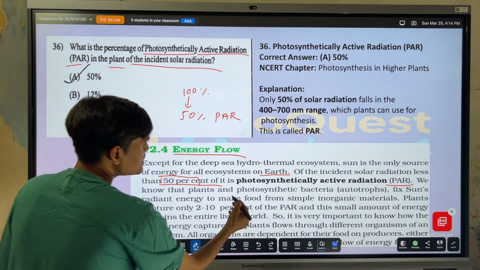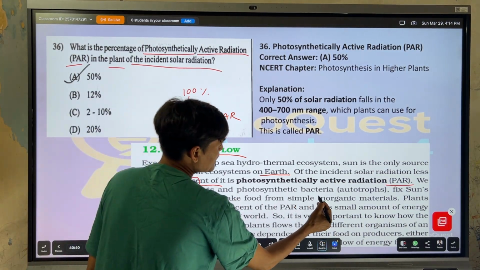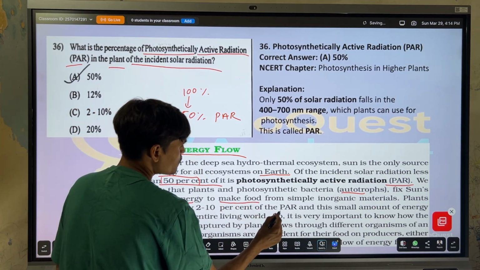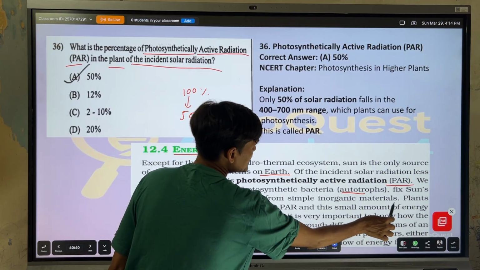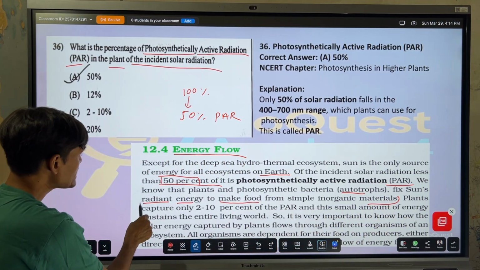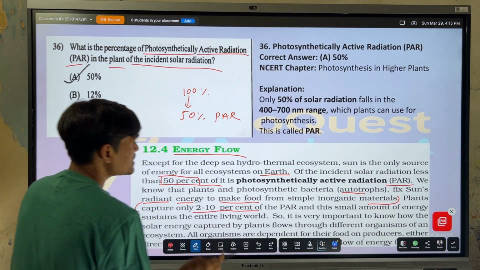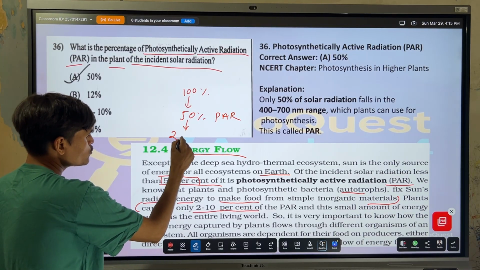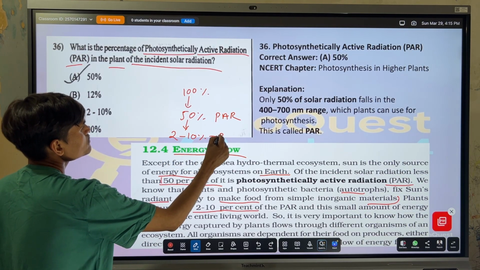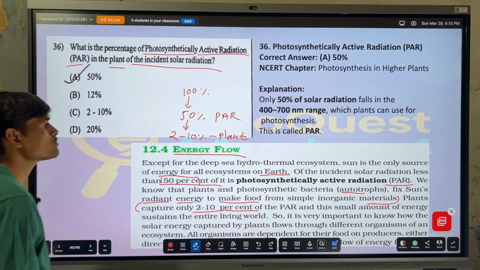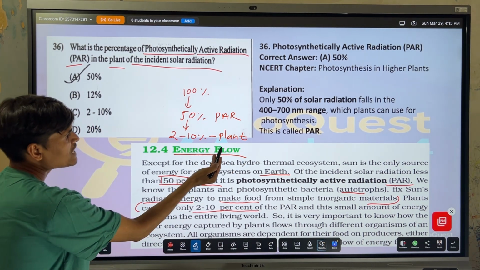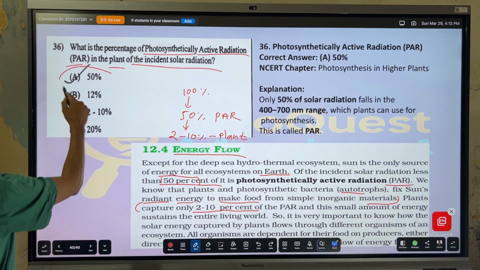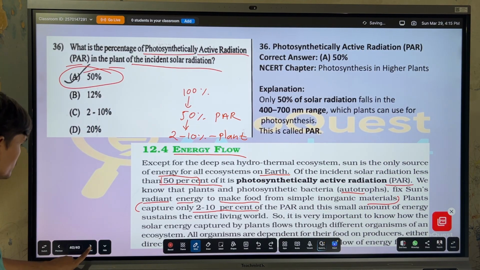And we know that plants and photosynthetic bacteria, means autotrophs, fix the sun's radiant energy to make food from simple inorganic material, and plants capture only 2 to 10 percent of this PAR. So out of 50 percent PAR, a plant can utilize only 2 to 10 percent. So the answer here is 50 percent PAR.